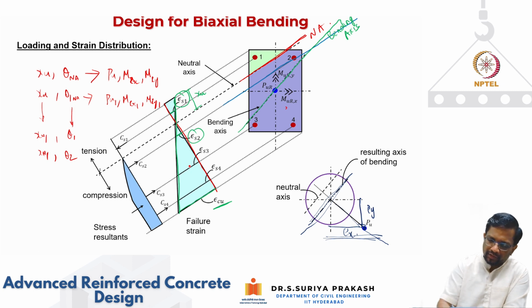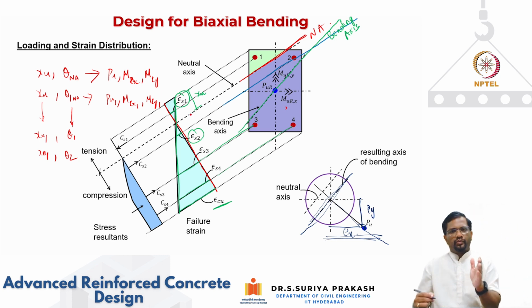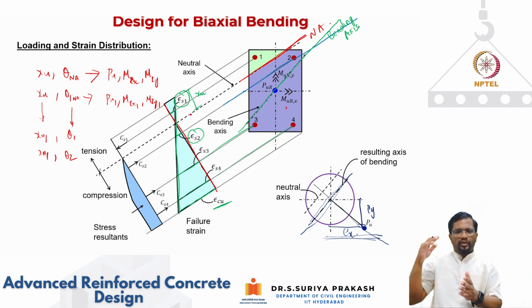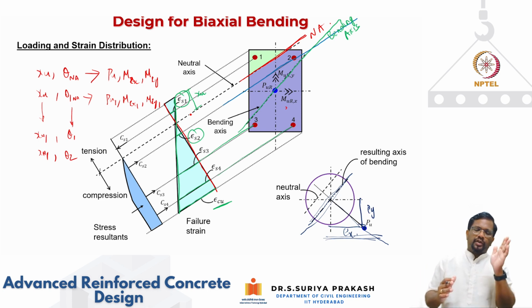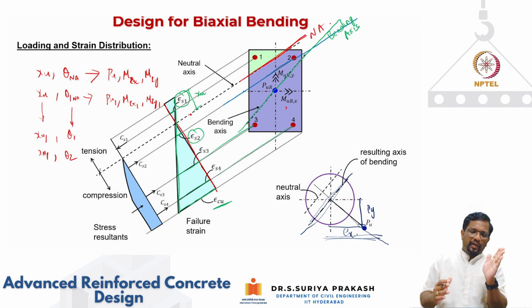But then 3 is going to be at this strain, and epsilon s4 is going to be at this strain. So this is how you're going to get it. You will find that though these bars 1, 2, 3 and 4 are at the same locations from the cross-section point of view, now I'm considering the neutral axis at an angle.